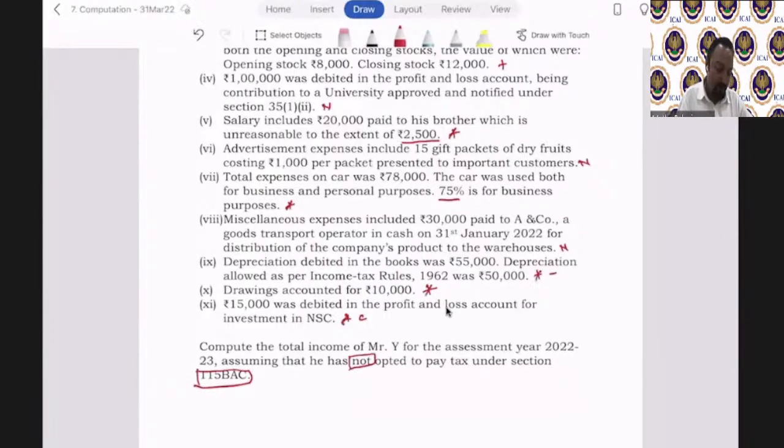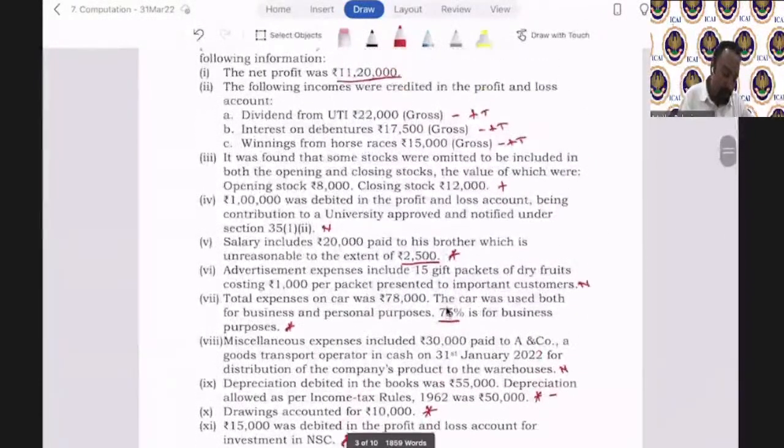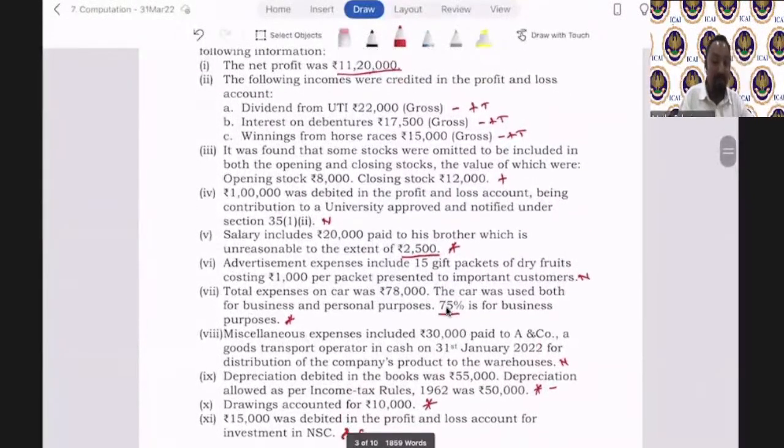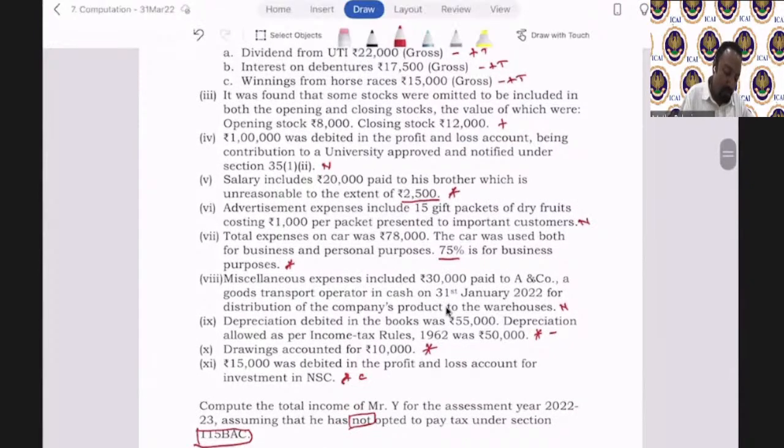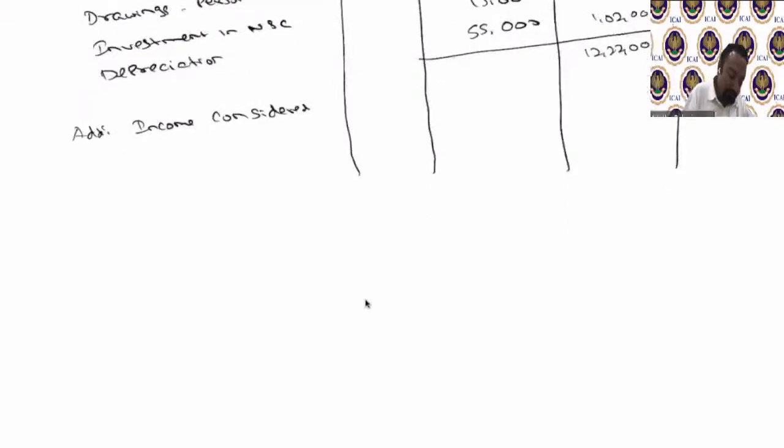Now coming back to the question, for the income that needs to be additionally considered, you only have this closing stock. So we can say that stock omission is now being considered for income tax purposes. That is 12,000 minus 8,000, so it is 4,000.